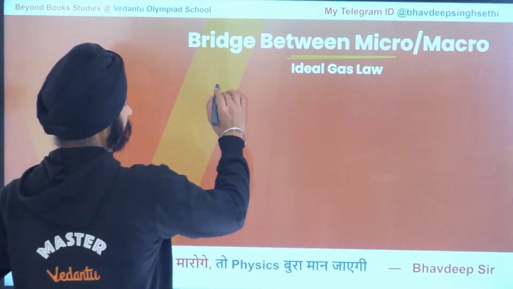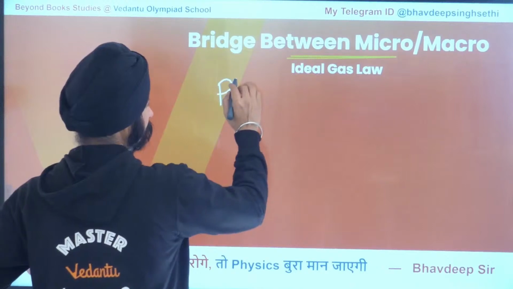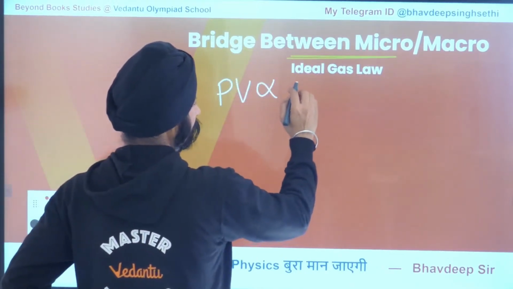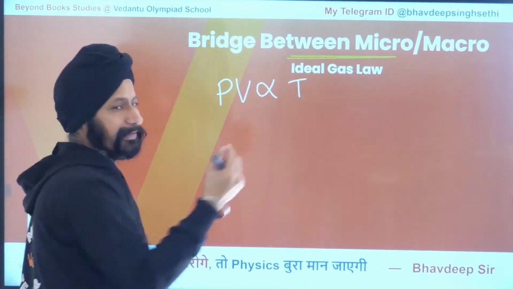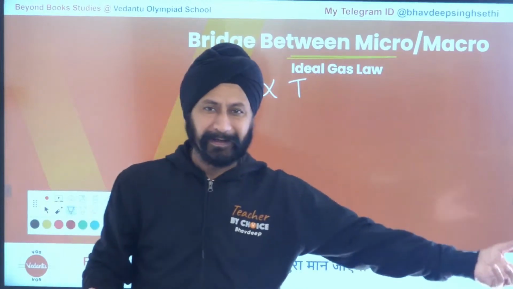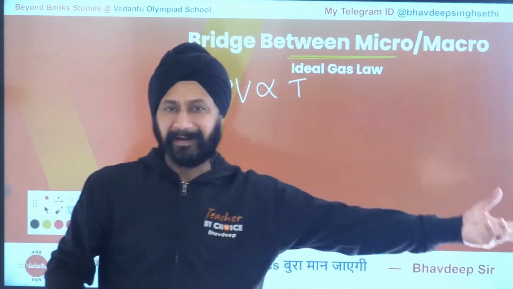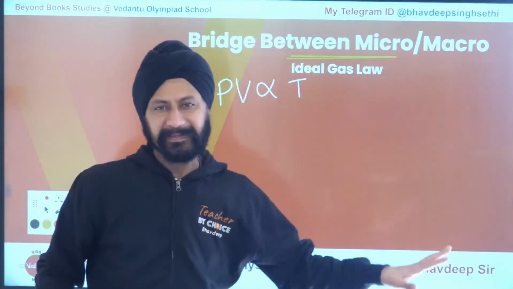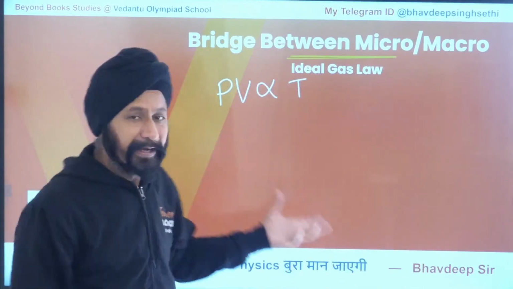But in short, pressure times volume is directly proportional to the temperature. What is temperature? Temperature is a measure of the internal kinetic energy of those molecules. The more that kinetic energy, the more the pressure and all that. So this is something we know experimentally.